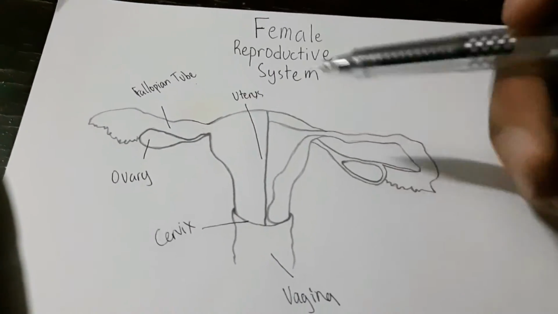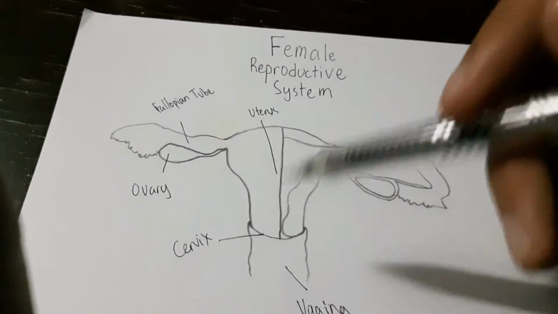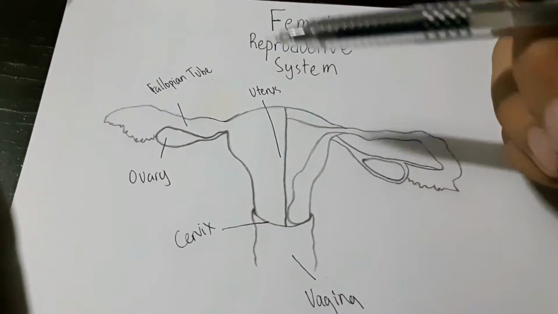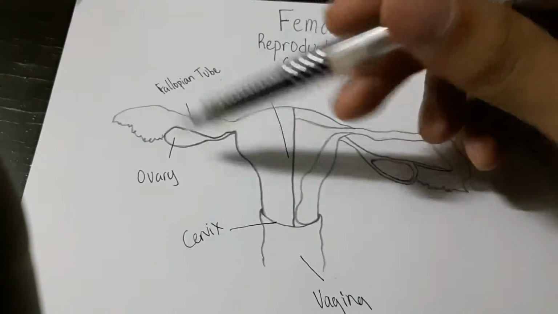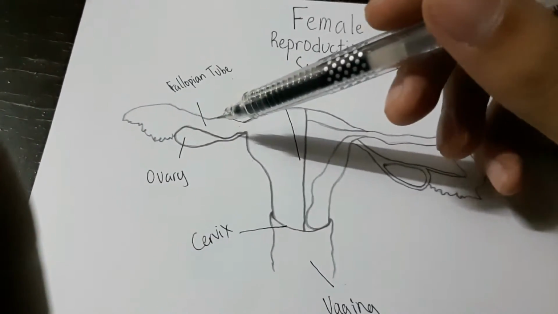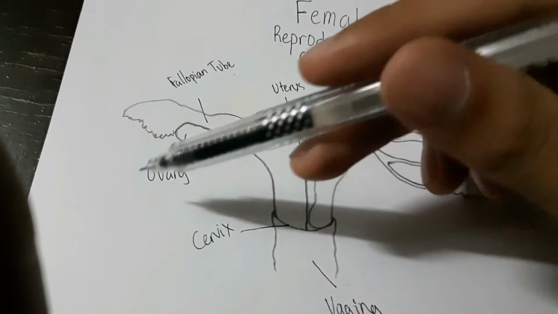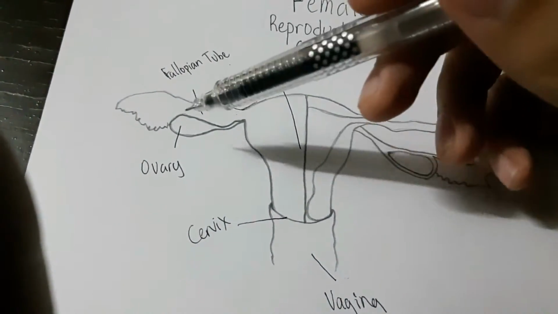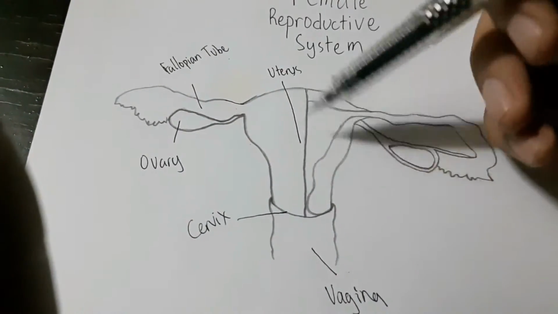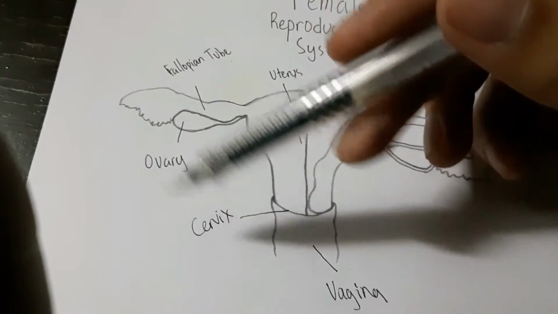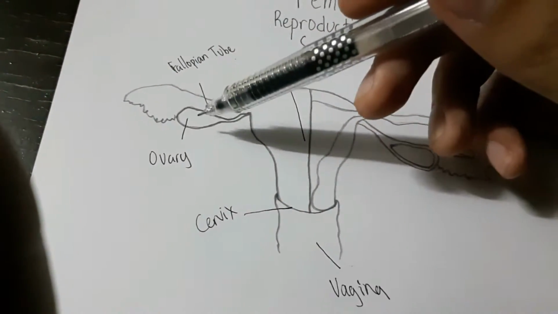Magiging fetus, tapos hanggang sa maging baby na. Ayan, tapos yung fallopian tube, dito dumadaan yung matured egg cells papunta sa uterus. Tapos yung matured egg cells na yun nanggagaling sa ovary dito.